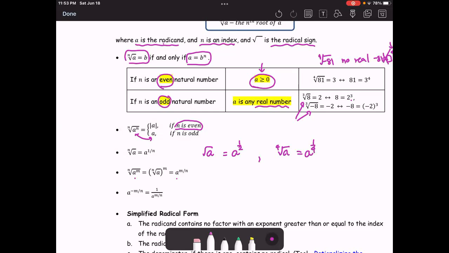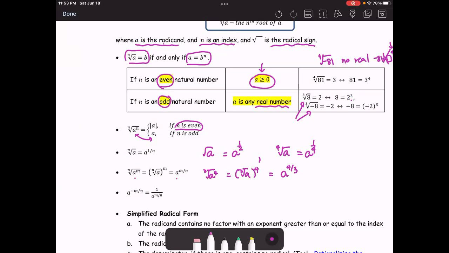Another notation, the nth root of A to the power m, which is the same as the nth root of A, the quantity to the power m, is the same as A to the power m divided by n. For example, the third root of A to the fourth is the same as the third root of A to the fourth power, which is the same as A to the power 4 over 3.